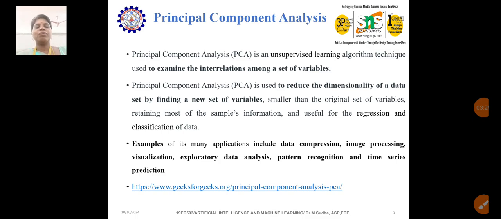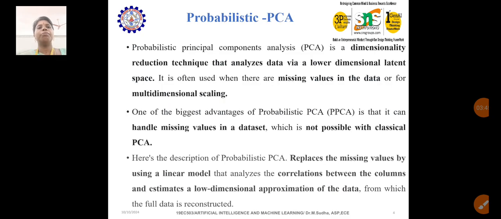For that purpose, we use machine learning algorithms. The examples are data compression, image processing, visualization, exploratory data analysis, pattern recognition, and time series prediction. In these areas, machine learning algorithms, that is artificial intelligence technologies, are playing a major role.